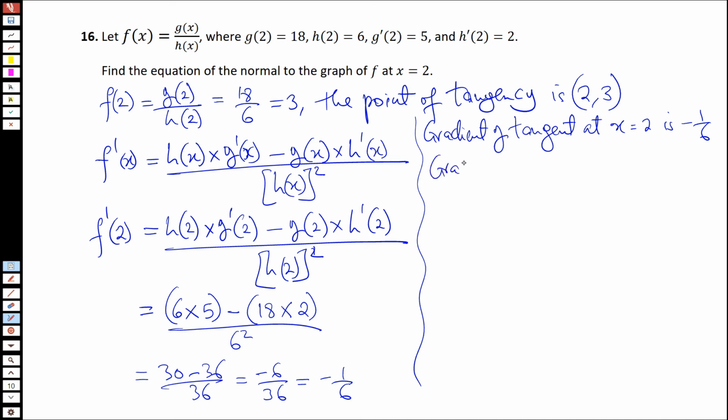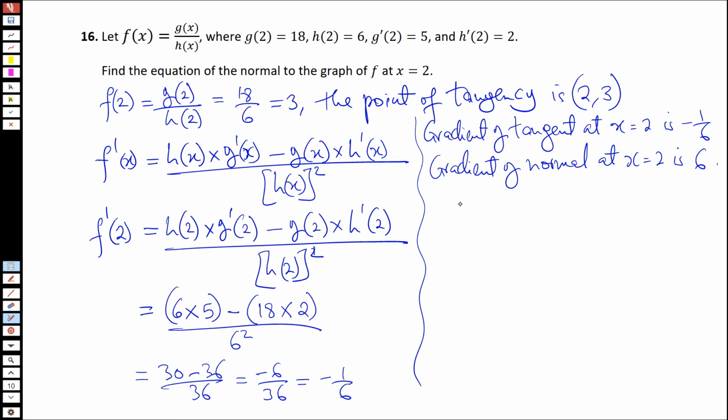So the gradient of the normal at x equals 2 will be the negative reciprocal of that, which will just be 6.